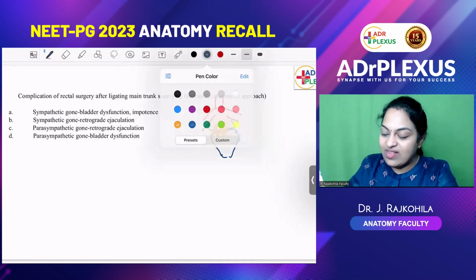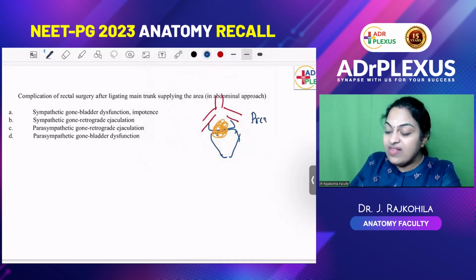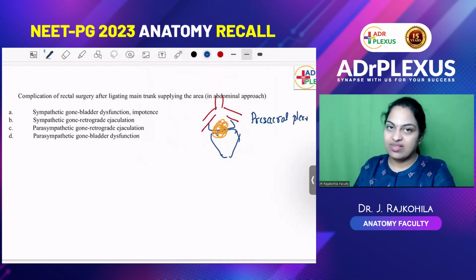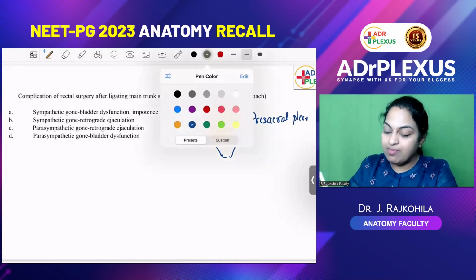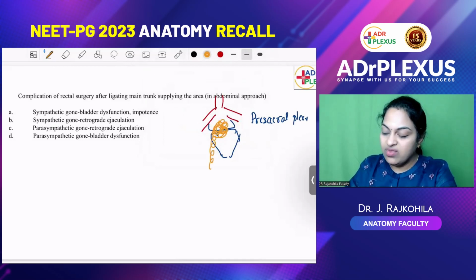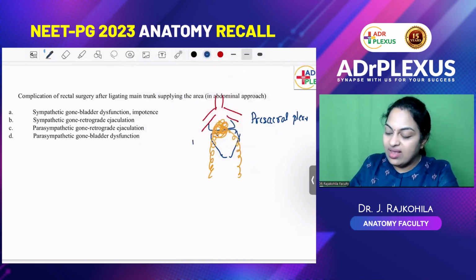Any idea what this plexus is called? The presacral plexus or the superior hypogastric plexus. From this plexus, two nerves will come down. They are called the right and left hypogastric nerves.